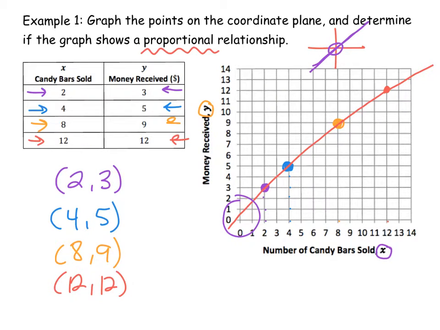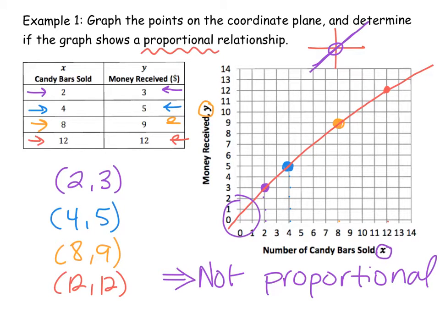Not really. So is this proportional? No. It is not proportional. And we could double check that by using our table and what we learned yesterday. We could take our y's and divide them by x and see if we get the same ratio each time or not.